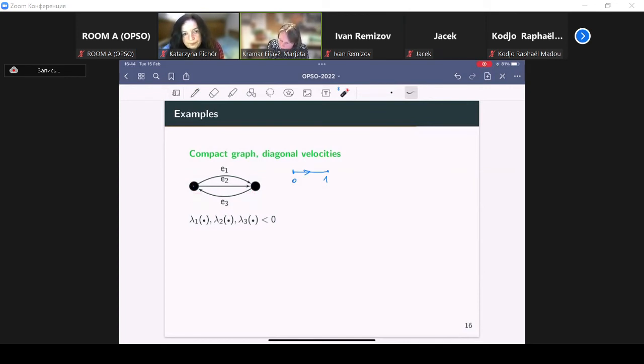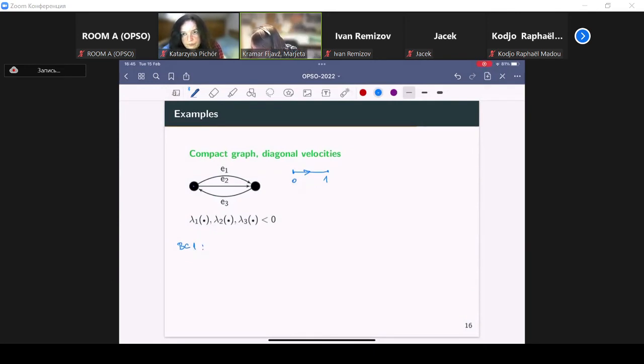Okay, and if I write here, what would be the possible boundary conditions? For example, let's say boundary condition 1.